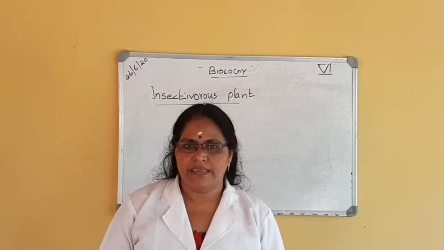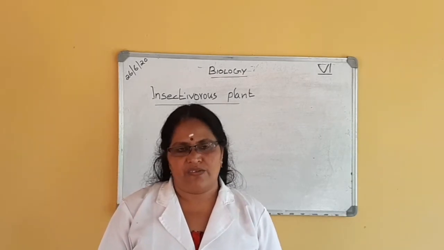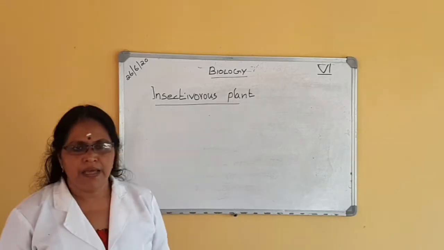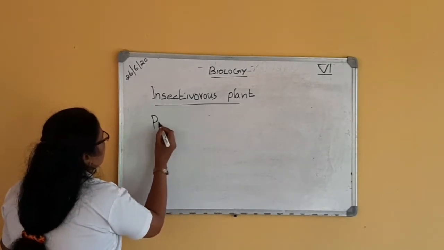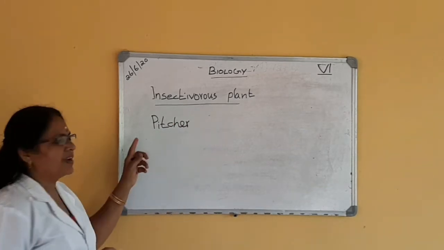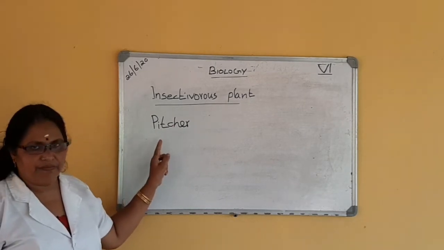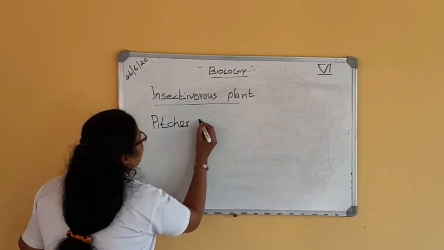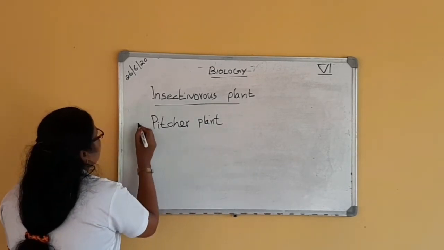The three main insectivorous plants found in different parts of our country are, first one, pitcher plant. The spelling is somewhat different. Pitcher plant.